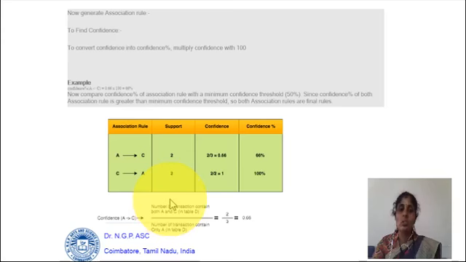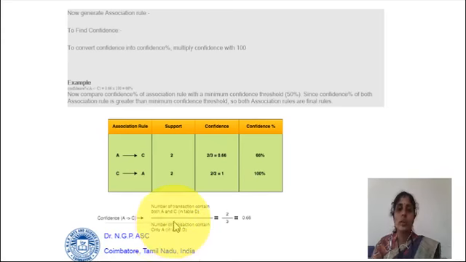Association rule, as I said already: the person who is buying the milk has a lot of chances to buy the bread also. So A associated with C, the support is 2 and the confidence level is 20%, and the confidence percentage increases to 66%. Based upon the minimum support and confidence level, we are providing this association rule.